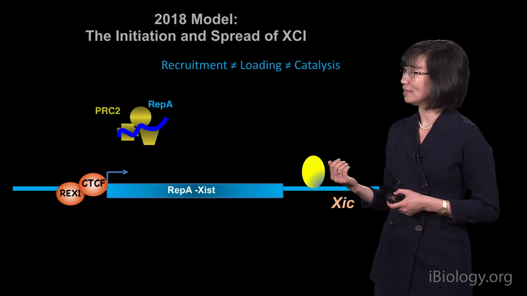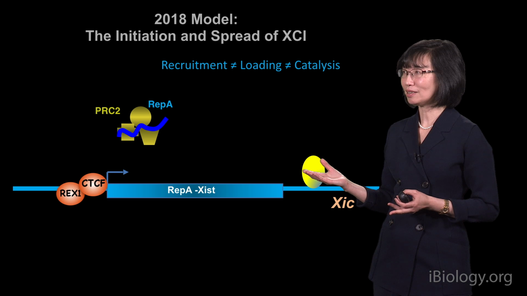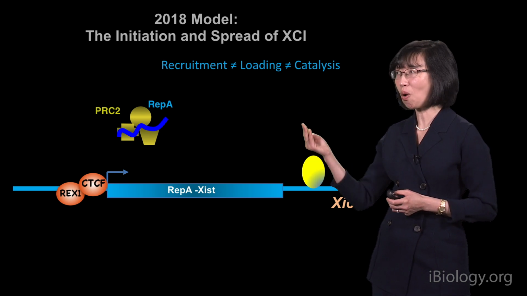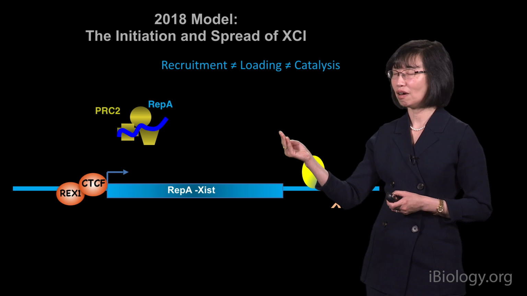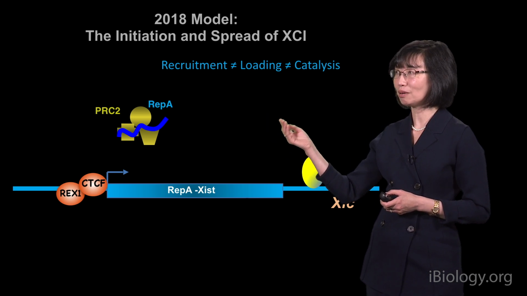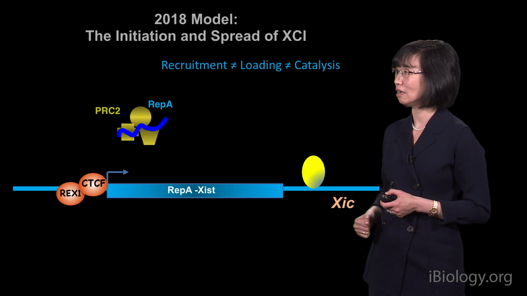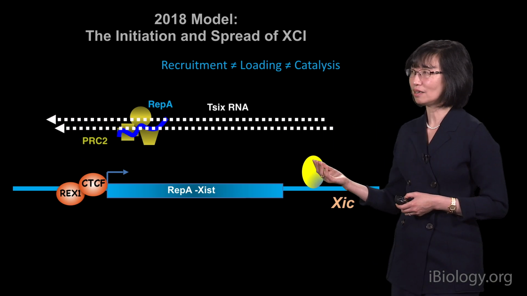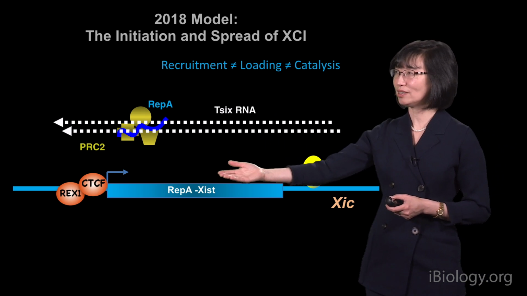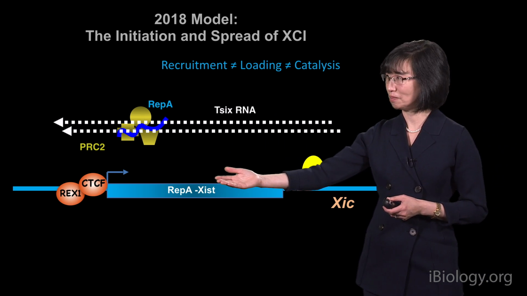But as I mentioned, the RNA is very important for the recruitment process, but it also holds the activity of PRC2 in check. So recruitment is not the same thing as loading, which is not the same thing as catalysis. Because as long as the antisense RNA is expressed, PRC2 is prevented from loading onto chromatin.